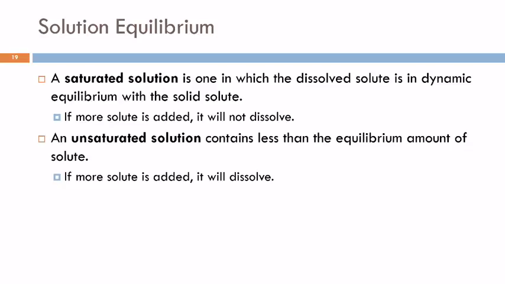And so the dissolved solute is in dynamic equilibrium with the solid solute, and if you add more, it's not going to dissolve. You can only dissolve so much sodium chloride in water. It's quite a bit, but there comes a point where you're limited, and so that's it, saturated. Unsaturated means there's less than that equilibrium amount. If you added more salt, it would dissolve.